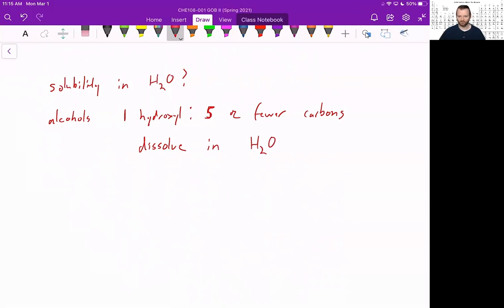The hydroxyl group is capable of hydrogen bonding. So that ratio of 5 to 1.